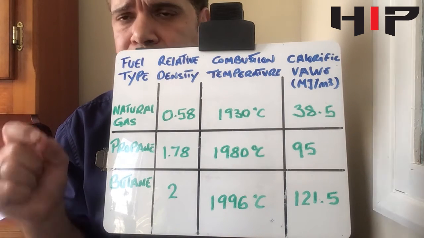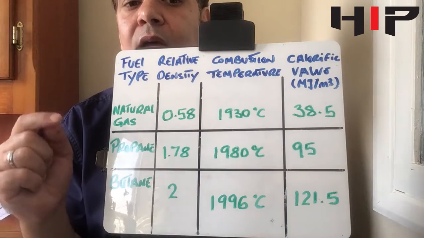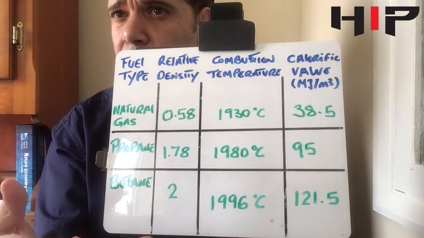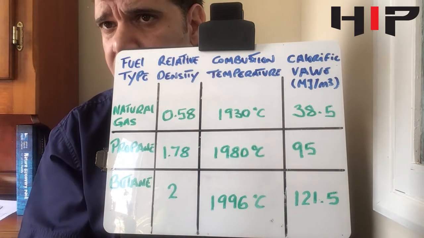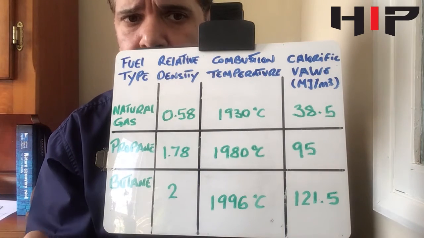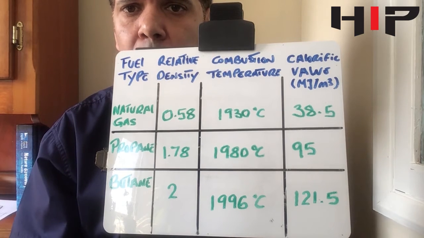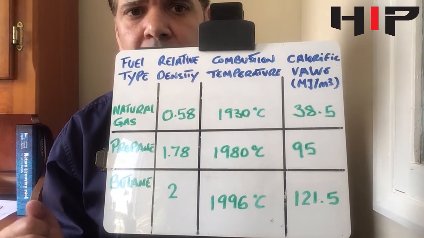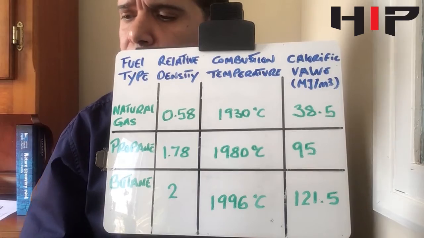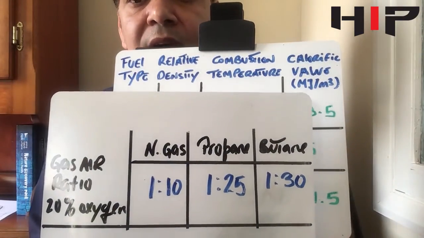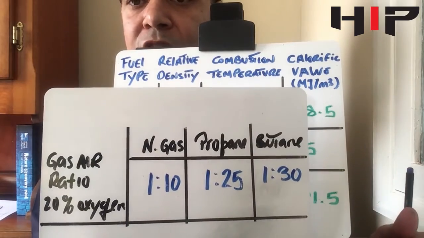Generally speaking, you only come across butane in barbecue situations, where heat is required. For every cubic meter of butane, we need 30 cubic meters of air. So that's our air ratio.